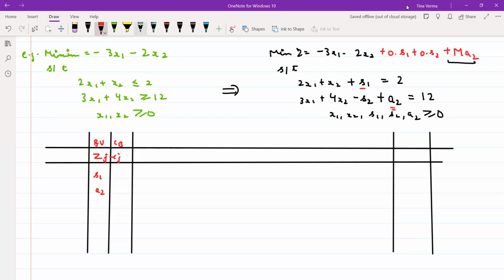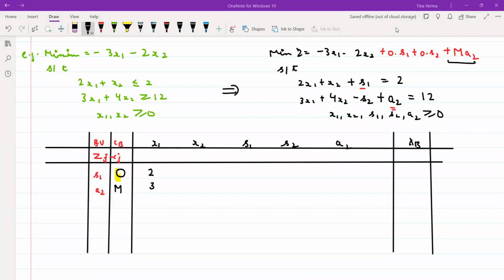I add it just so that you can multiply your CB with the XB, so you can take the dot product. So S1 coefficient is 0 and A2 coefficient is M, right? Here I am writing X1, X2, S1, S2 and A2. This is my XB. So when I write the first table, I will just enter this: 2, 3.